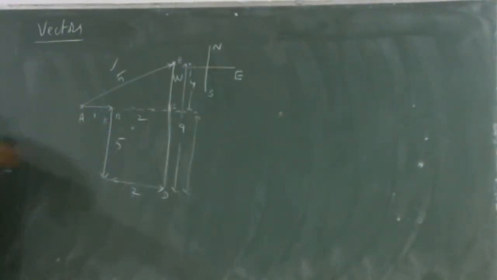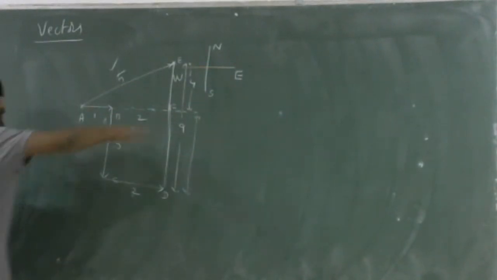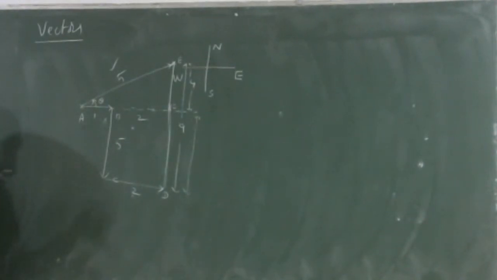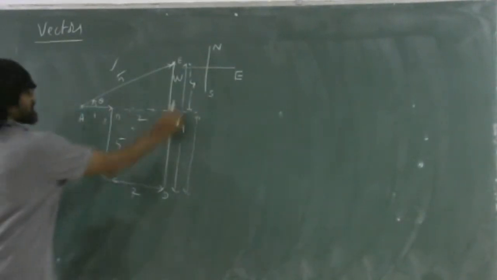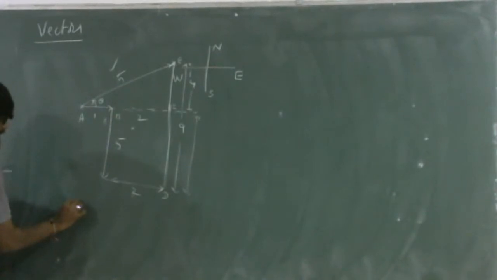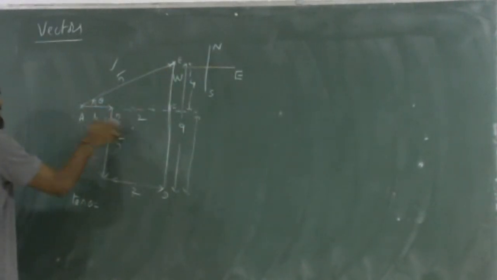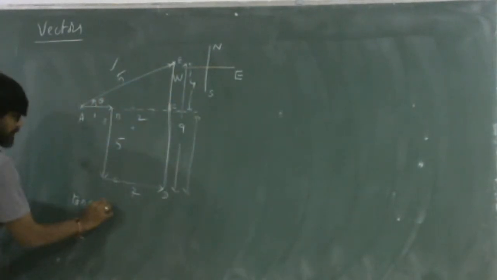If the direction is also mentioned, then you have to be careful about it. With respect to east, you can say this will be the angle theta. You can represent this direction in terms of tan theta, sin theta or cos theta, because you know this side and this side. In terms of tan theta, tan theta is equal to opposite side by adjacent side. This is 4, this is 3.